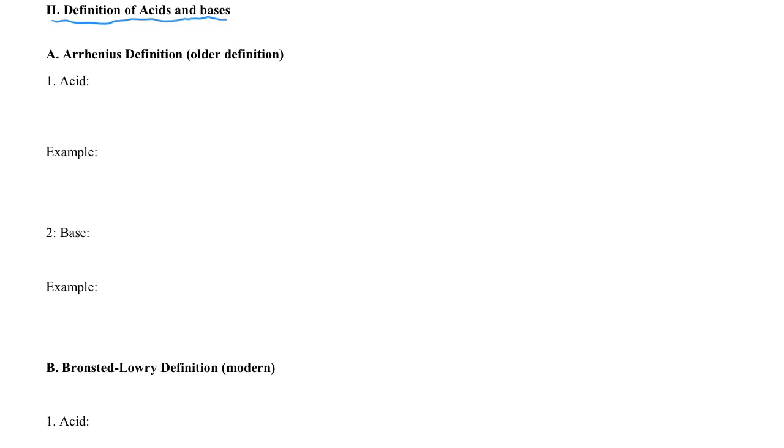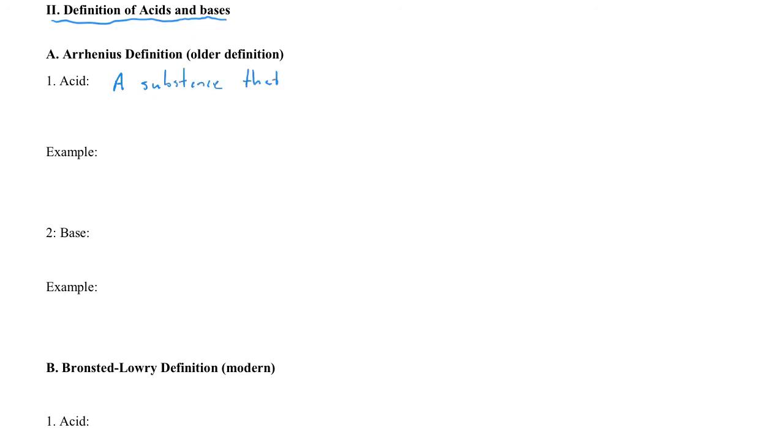Some of the first major figures in this scientific development of chemistry, one of them is Svante Arrhenius, who is definitely legendary in the field of chemistry. We're going to talk about his definition of acids and bases, which he put forth to describe what an acid is at a molecular level. What Arrhenius said, and what we call the Arrhenius definition for an acid, or an Arrhenius acid, is a substance that generates hydronium ion in water.